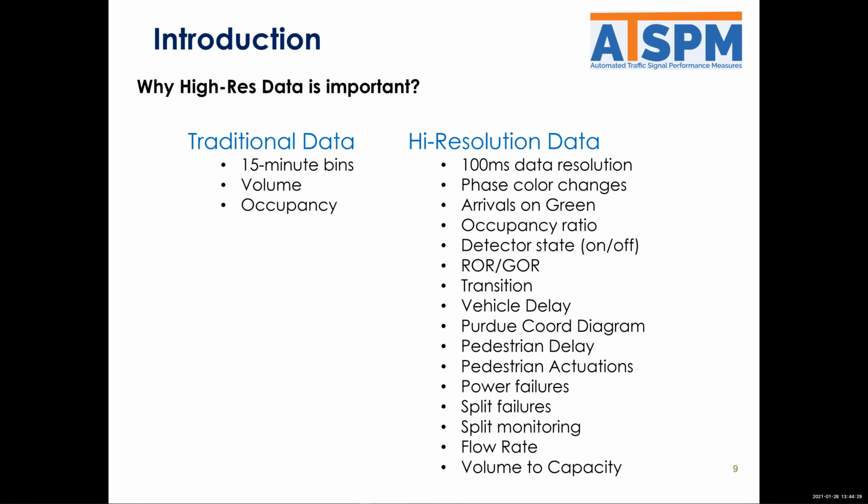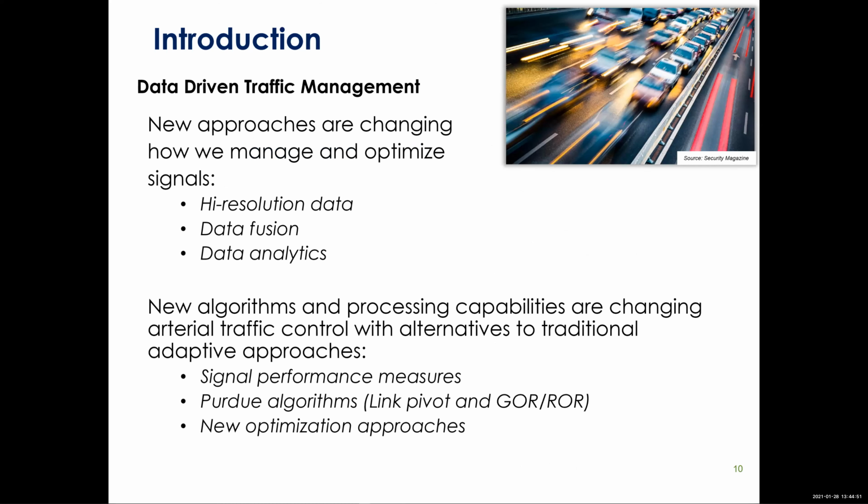Historically, we're looking at 15-minute bins on volume and occupancy, easy data to gather and analyze. But with the high resolution data, there are so many more factors to look at that it's becoming overwhelming for most agencies to even fathom analyzing the data. So with these new approaches, how do we manage and optimize it?